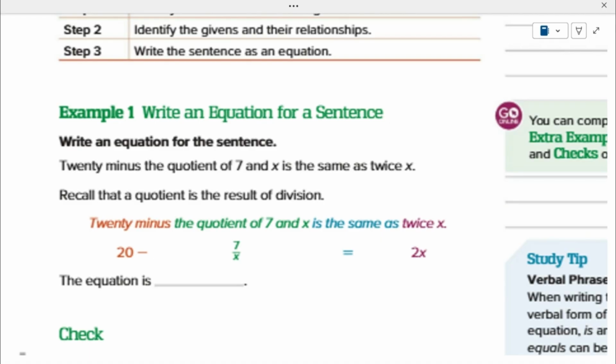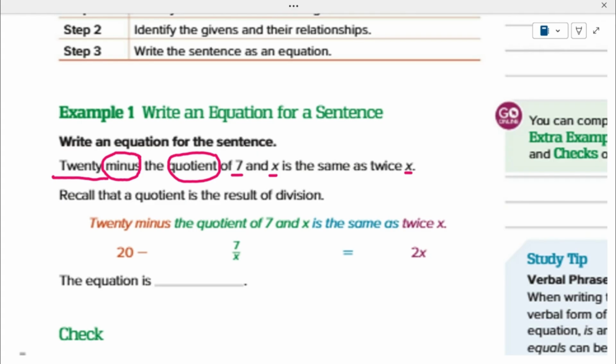I know that I have some numbers and letters. That's what I'm going to underline. So 20, we have 7, x, and x again. Now I'm going to circle the operations or the words that I think are representing operations. So minus is one, quotient is another, is the same as, twice.